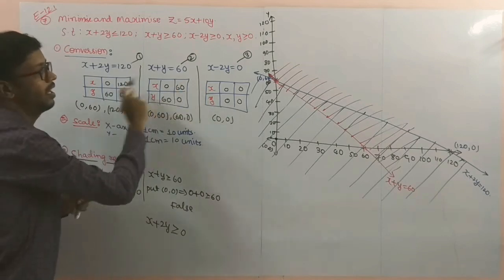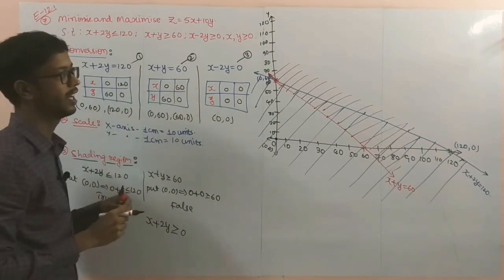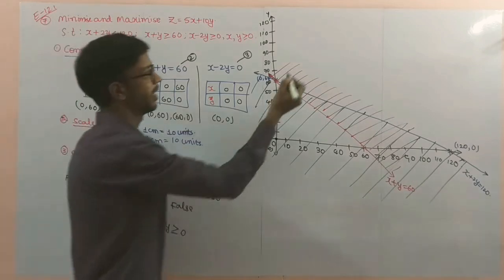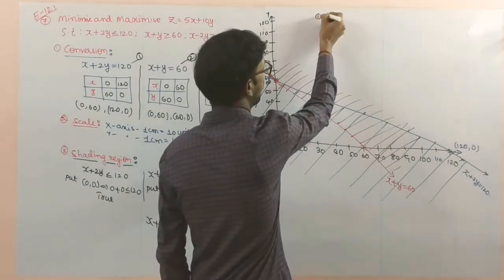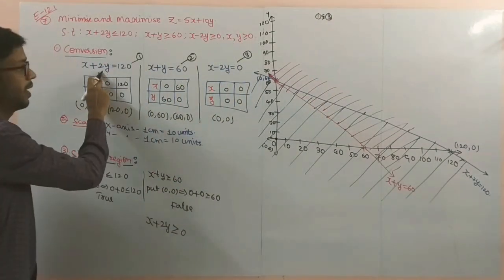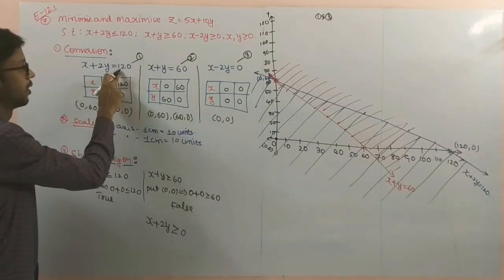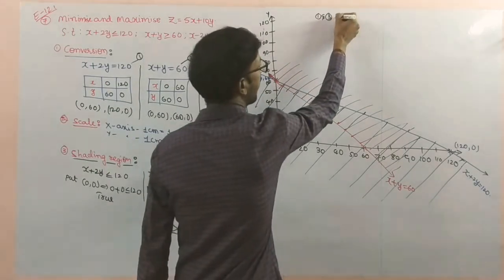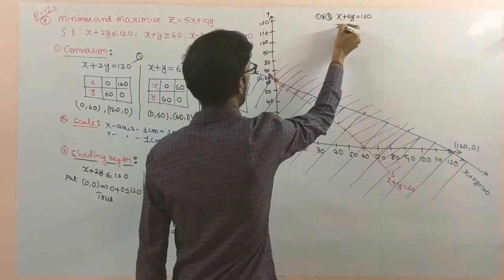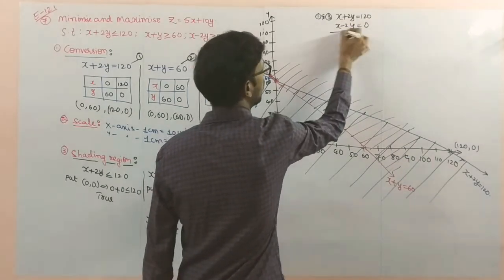Equations 1 and 3, I'll solve. Solving 1 and 3: x plus 2y equal to 120, x minus 2y equal to 0.